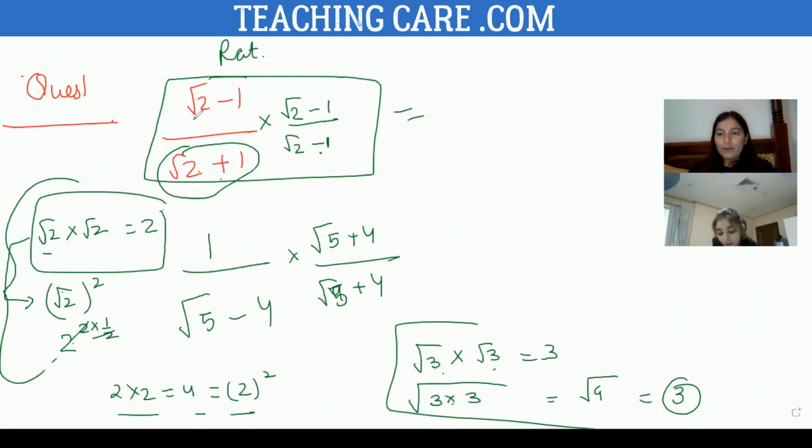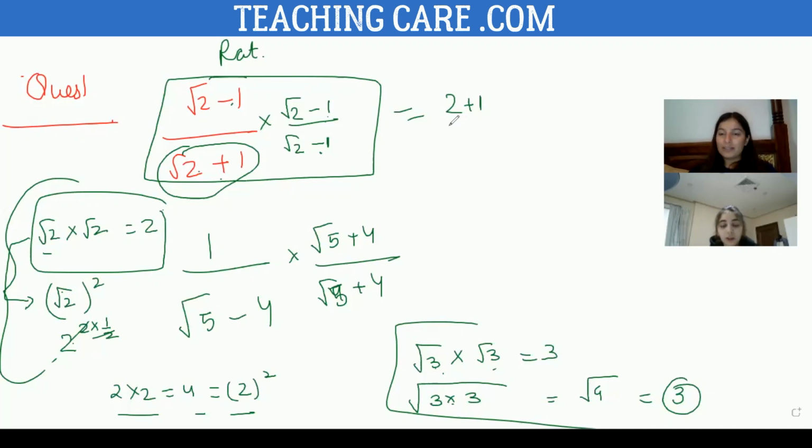So how are you going to multiply numerator with numerator? It would be 2 minus 1, because minus 1 times minus 1 is just 1. So 2 plus 1. Over.